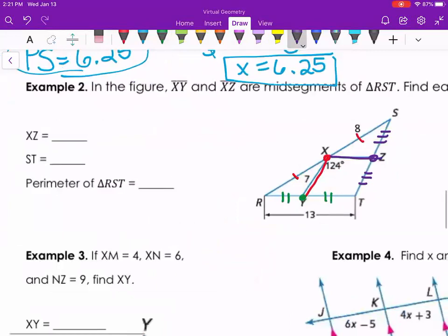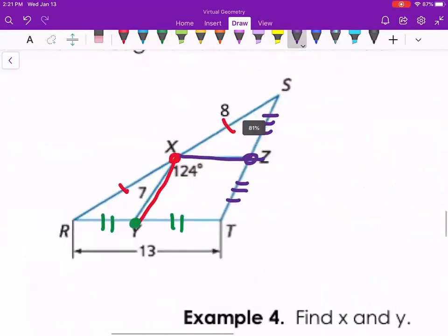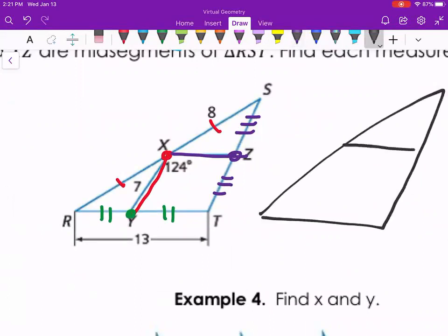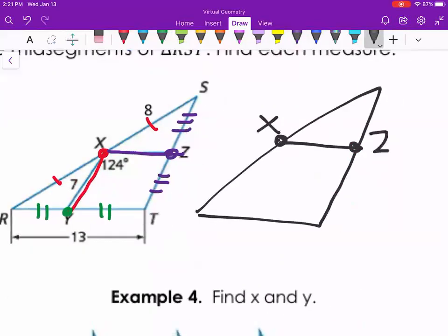So first I need X to Z. All right, so if I redraw that without all that stuff going on, X to Z is this segment in your triangle. So for me to get this length, I need to look to the side that it's parallel to. And they told me that length has 13 units.